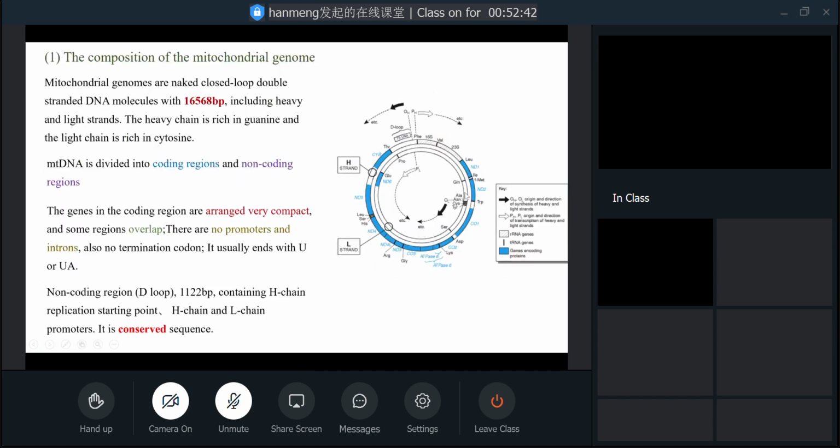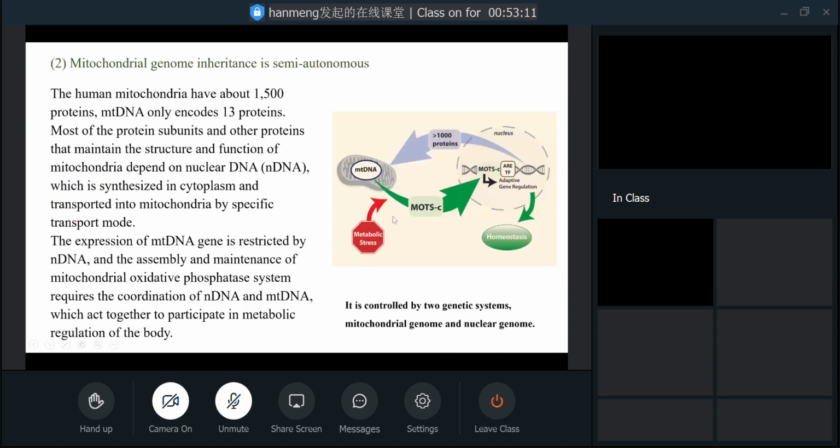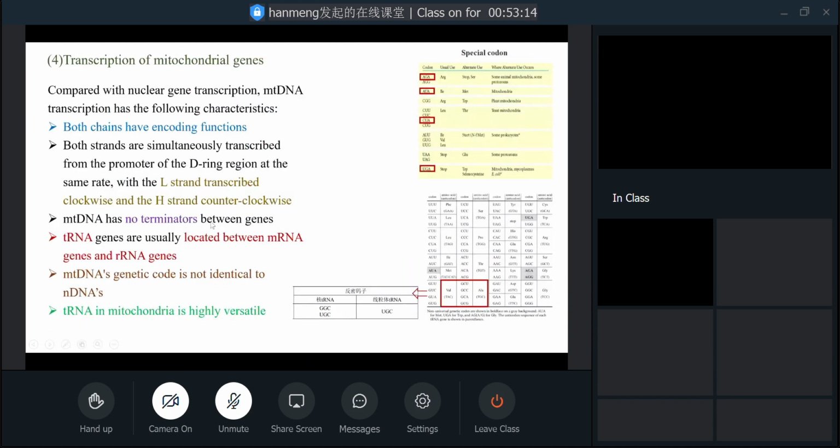Here, from the picture of the genome of mitochondria, you can see the gray is the ribosomal RNA genes, the blue region is the genes encoding protein, and the black line is the tRNA genes. So the tRNA genes are also located between messenger RNA genes and ribosomal RNA genes.